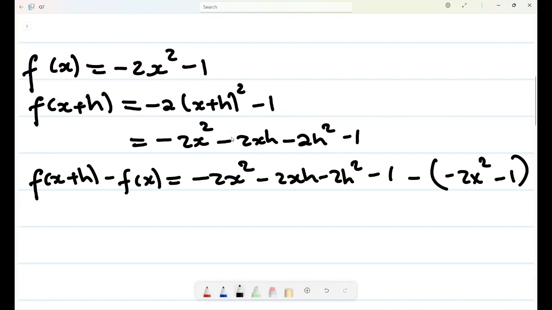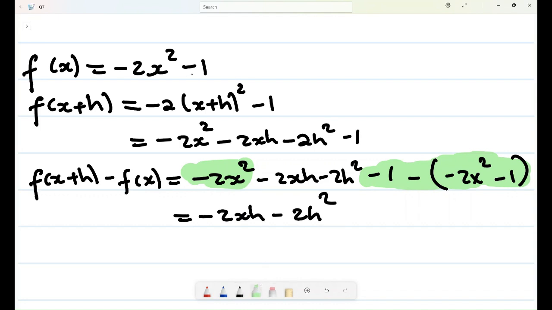I want you to see here, negative 2x squared plus 2x squared cancels off, right? Negative 1 plus 1 cancels off, right? You all agree with me? Yes, look, it is gone. What I'm left with is negative 2xh minus 2h squared.